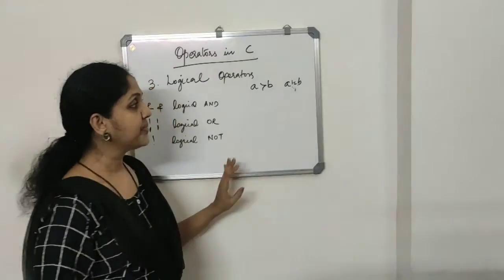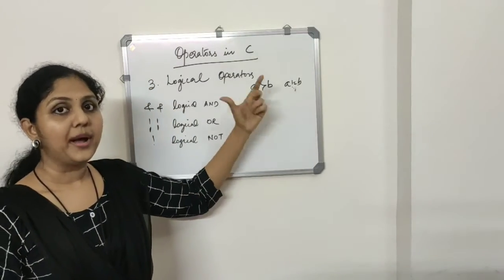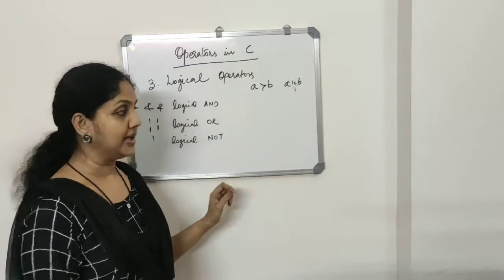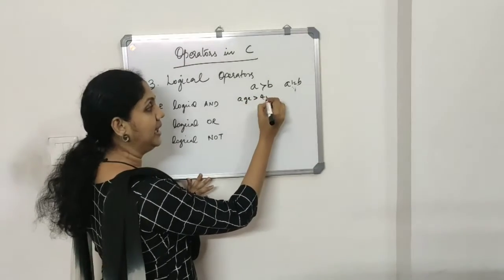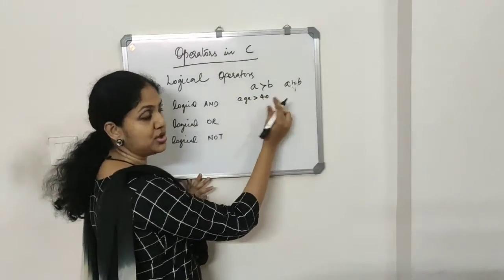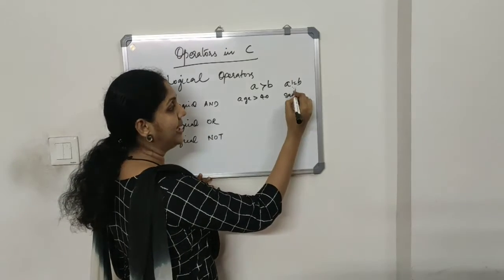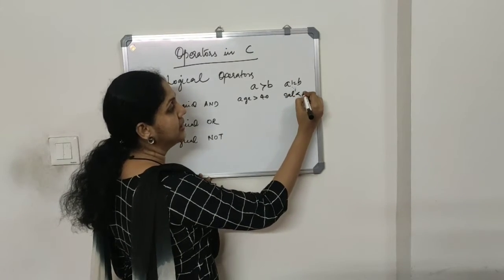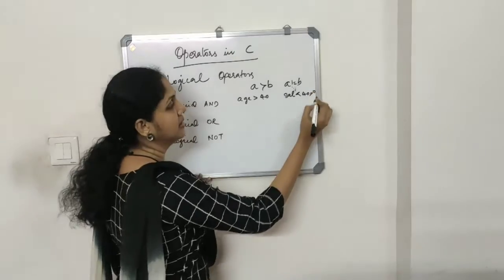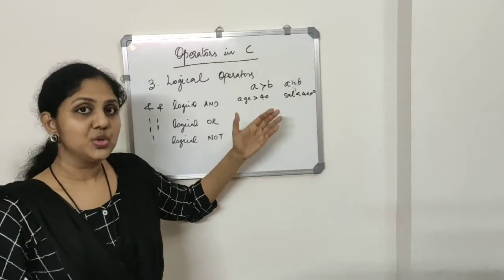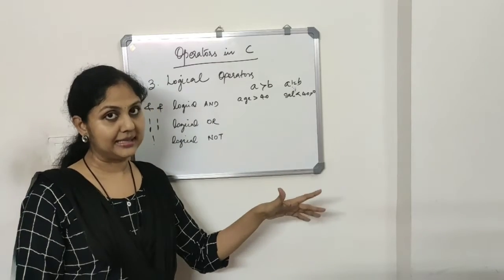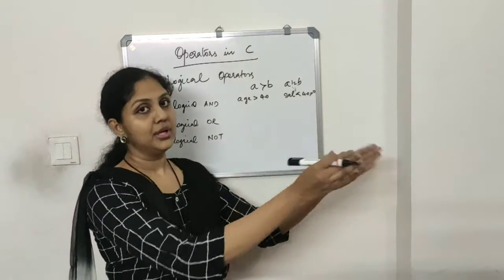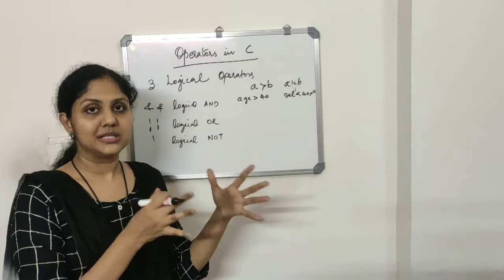If I want to combine 2 expressions together, that means if age greater than 40, another condition I want to check is salary less than 40,000. So I have to check 2 times whether age is greater than 40, whether salary is greater than 40,000, and give some bonus or something like that.